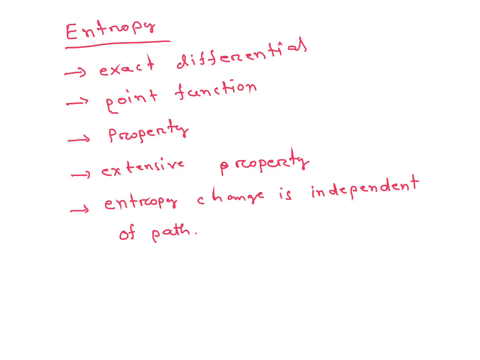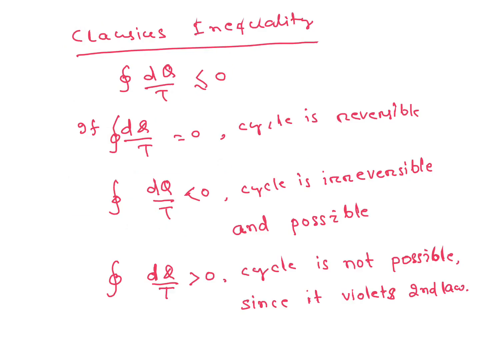Clausius inequality: for a cyclic process, cyclic integral of dq by T is less than or equal to 0. If the cyclic integral of dq by T for a cycle equal to 0, the cycle is reversible. Based on Clausius inequality, around 3 to 4 times they asked in ISRO. So this is very important.